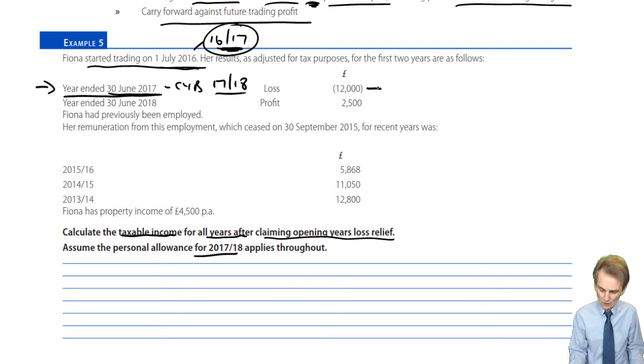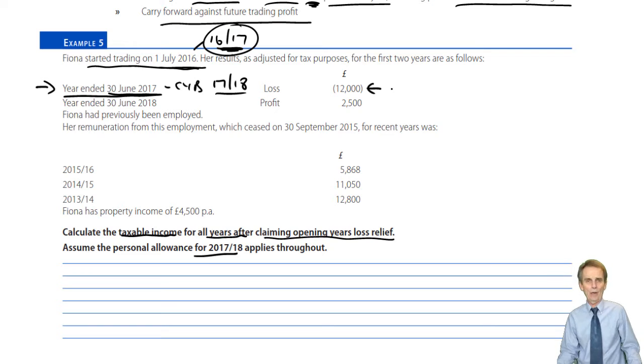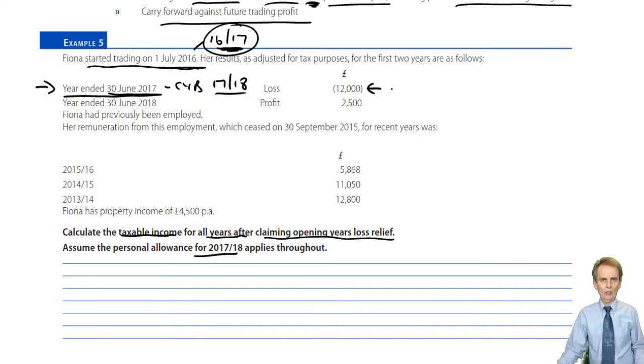We see that we've got a loss to begin with, and that means that we'll identify the loss that arises in relation to the first tax year, where a part of it will be available, the part from the start date, that being the 1st of July 16, through to the following 5th of April.